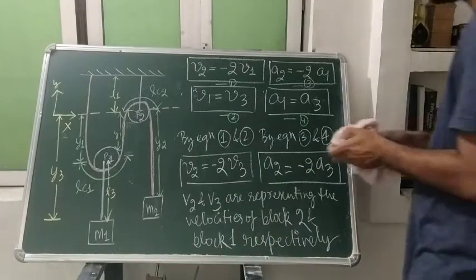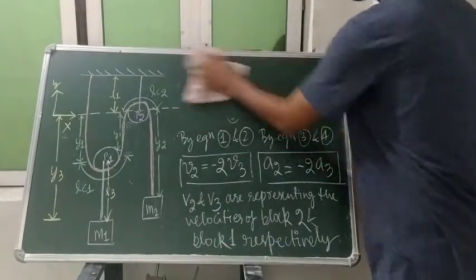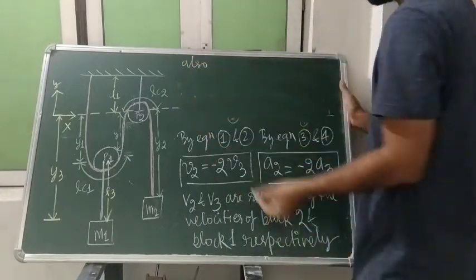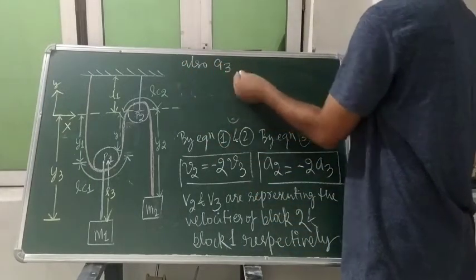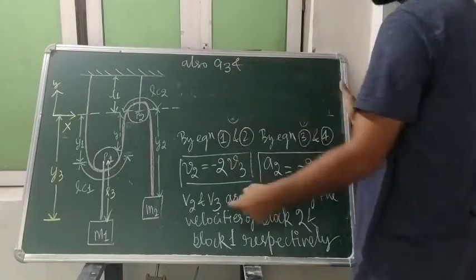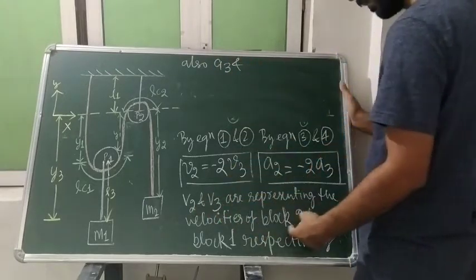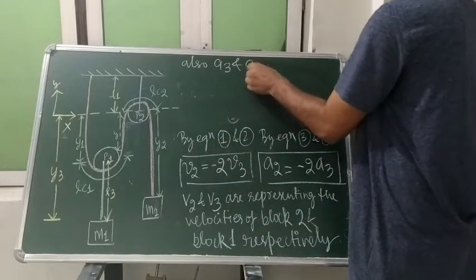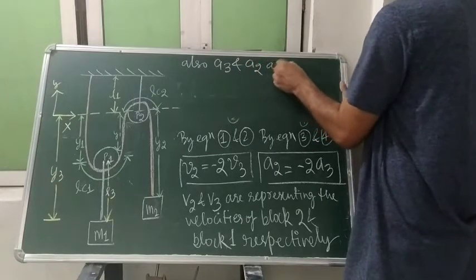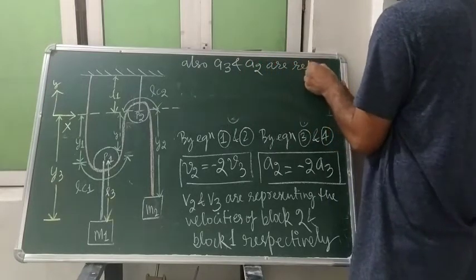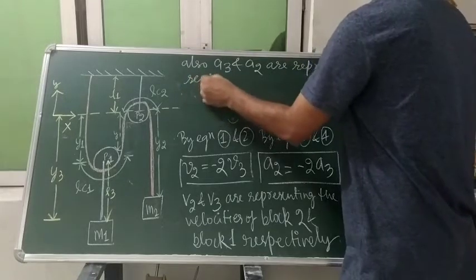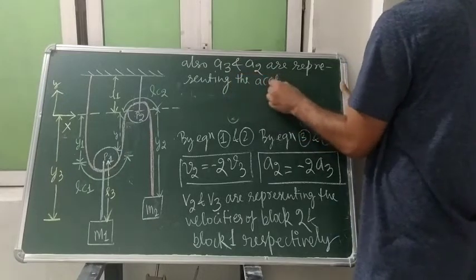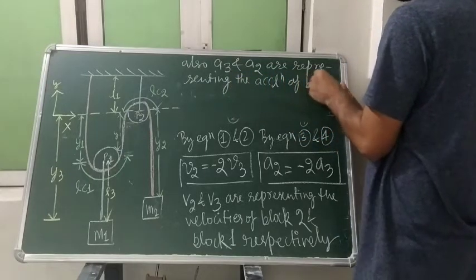I am rubbing off aside. So also you can write this A3, and now I have changed B2 and B3, so that is block 2 and block 1. So A3 and A2 are representing the acceleration of block.